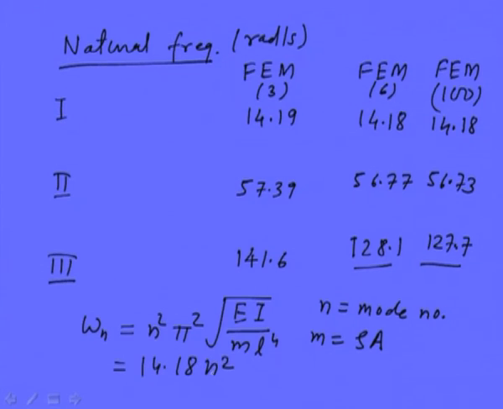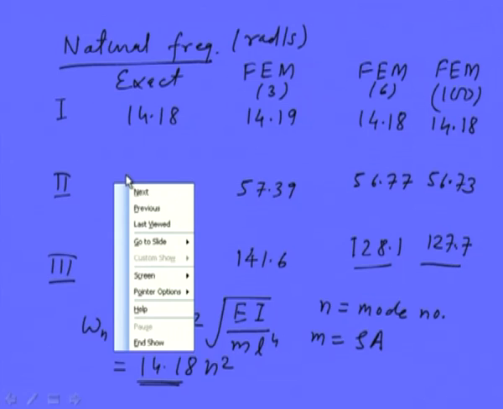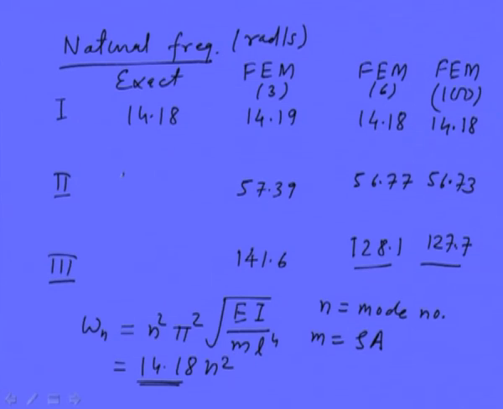So, for n equal to 1, with the 6 element we are getting quite close to the closed form solution. The closed form solution, that is the exact one, is 14.18 for mode 1, 56.12 for mode 2, and 127.6 for the third mode.